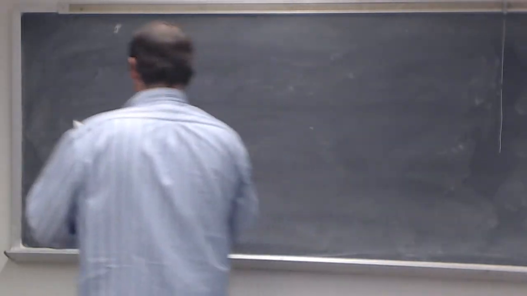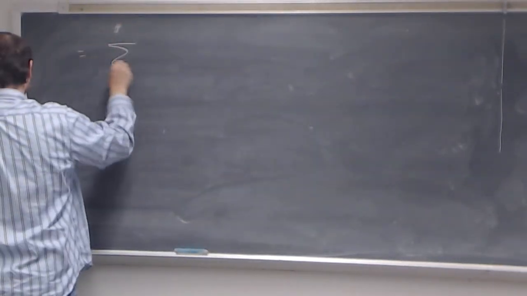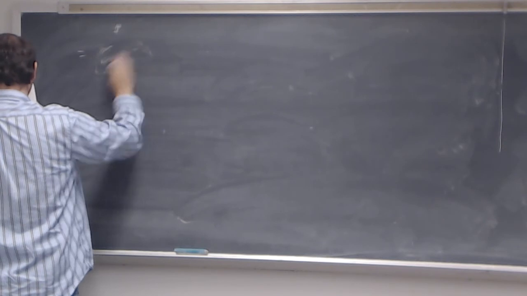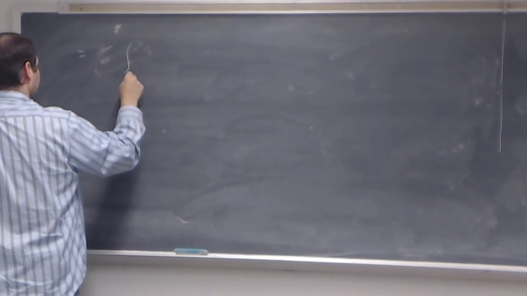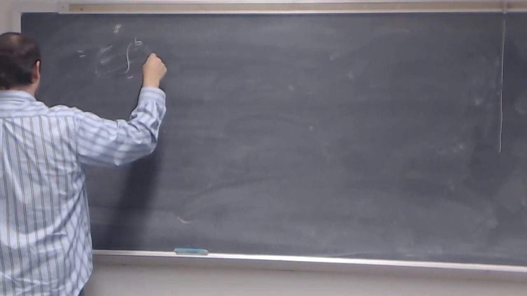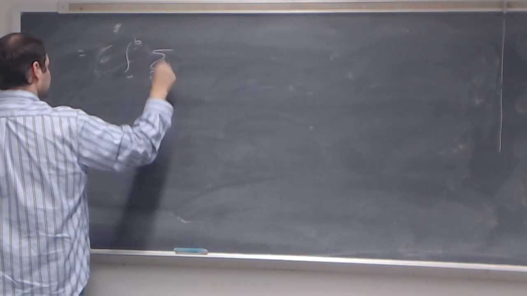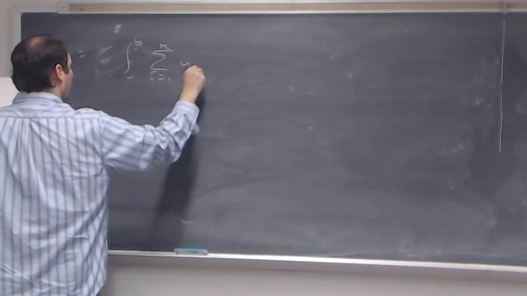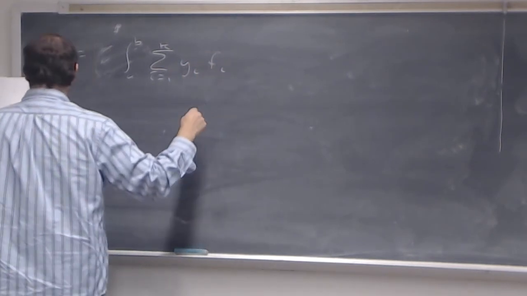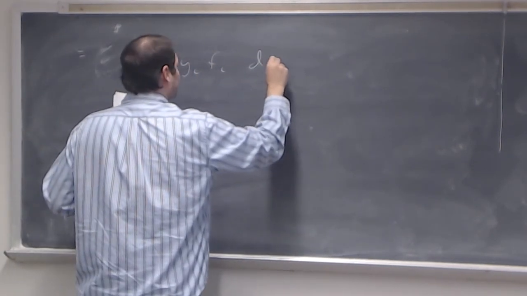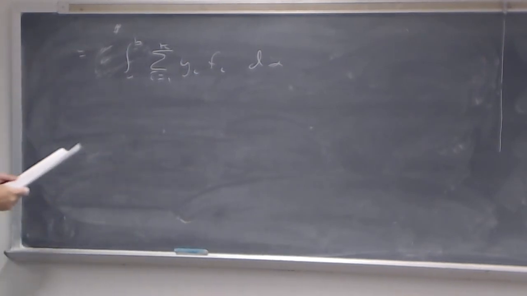And so that's equal to the integral from a to b of the sum as i runs from 1 to k of y sub i times f sub i d alpha. Okay, that's where we are.